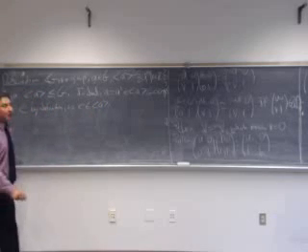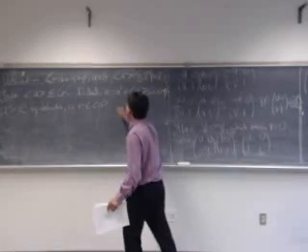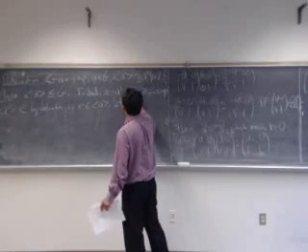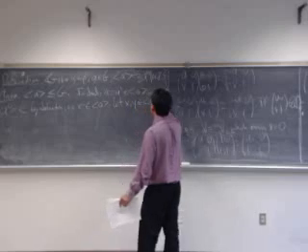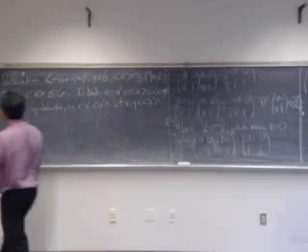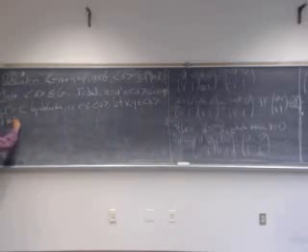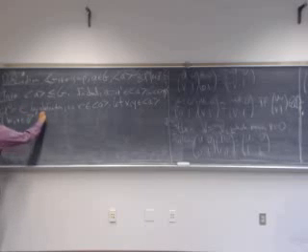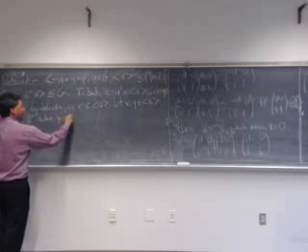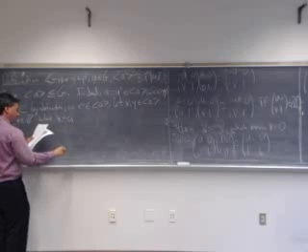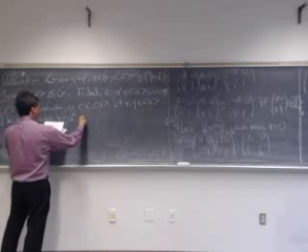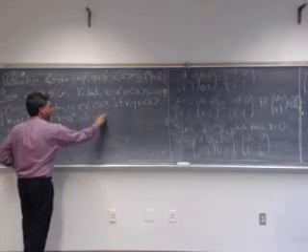What about multiplication? Why is it closed? To show it's closed under multiplication, let x, y be in the cyclic subgroup generated by a. Then there exist two integers where x equals a to the n and y equals a to the m.